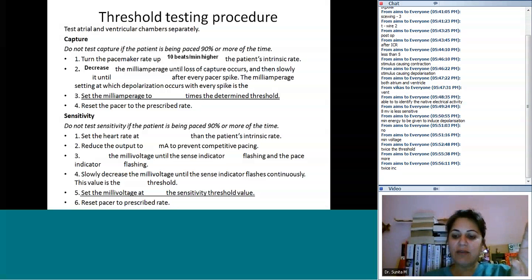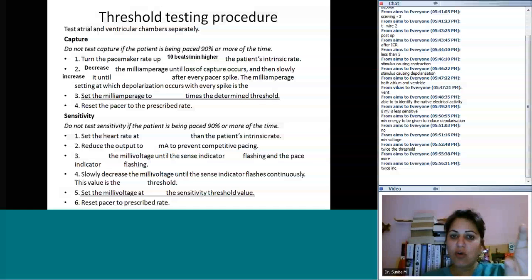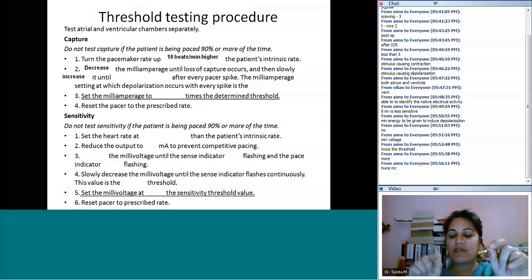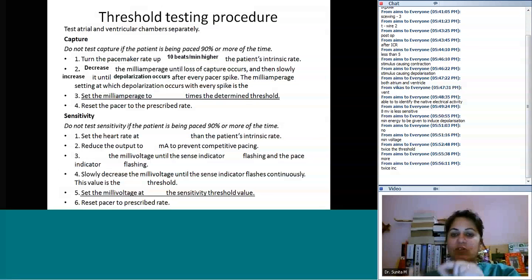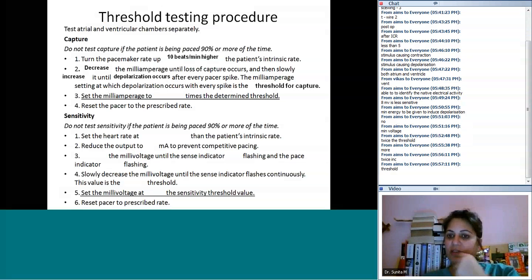Then you slowly again increase it until you get a depolarization after every pacing spike. And you get on your ECG, after every pacing spike, you're seeing depolarization. So that voltage at which depolarization is occurring with every spike, that milliamperage, is your what? That is your threshold, right?